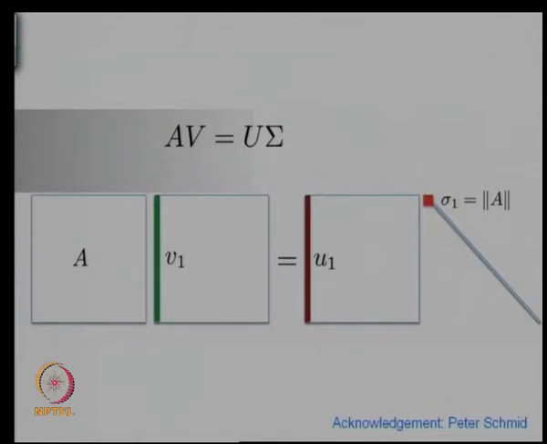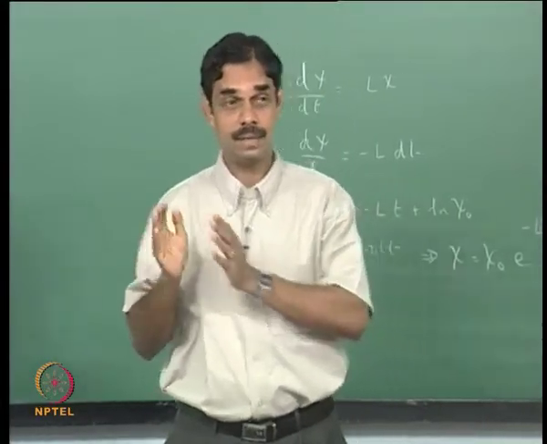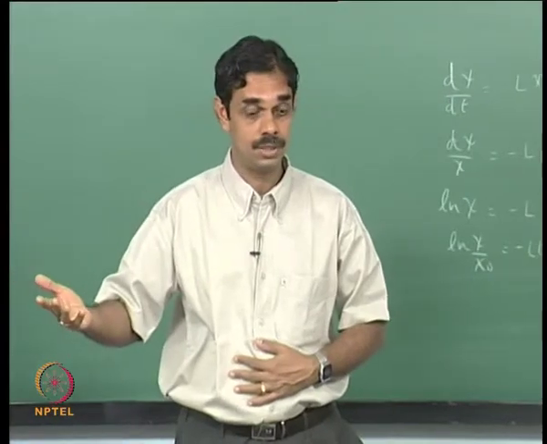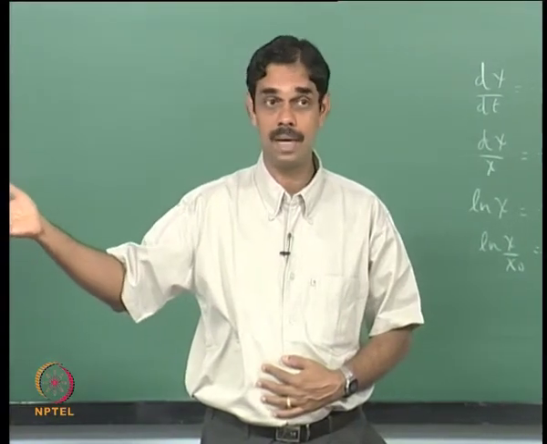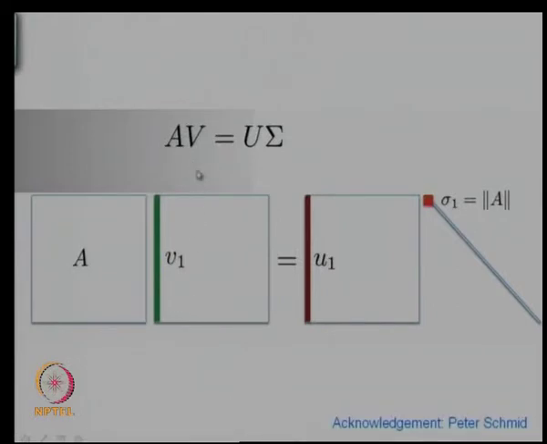Just look at your notes, it is the right singular vector. So the evolution operator, or any operator, acts on the right singular vector, and you will get another basis function which is U1, multiplied by a number. Now if it is acting on some other vector here, let us say, you will get another vector somewhere here, with some other number. Okay, so you can do anything.